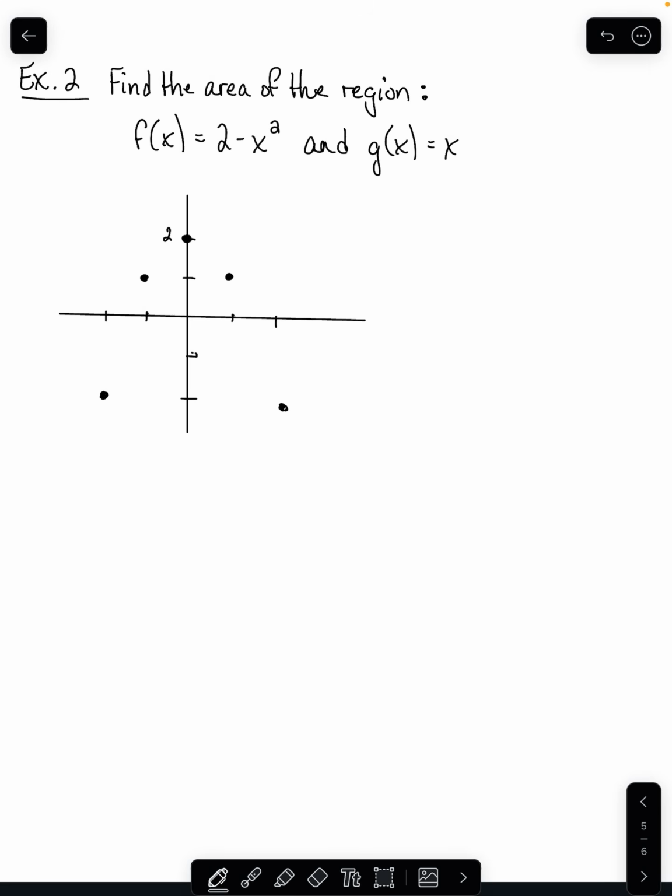So that it would cover a pattern such as this. We then have the line y equals x, which of course passes through the origin and has a slope of 1. This gives us the region in between.